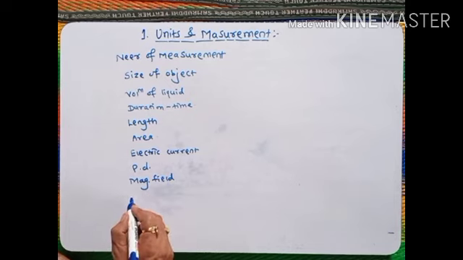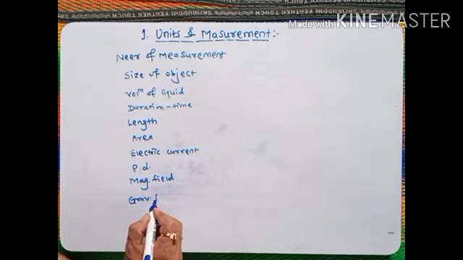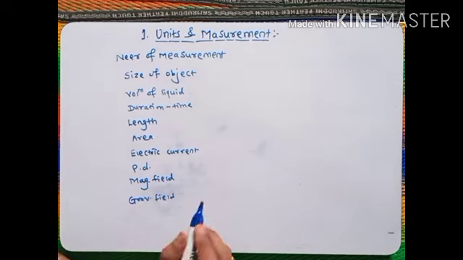We have to measure gravitational field, and a number of more things. And for measurement, we have to use different systems of units. That means how all these things can be measured. This is the need of our day-to-day life.